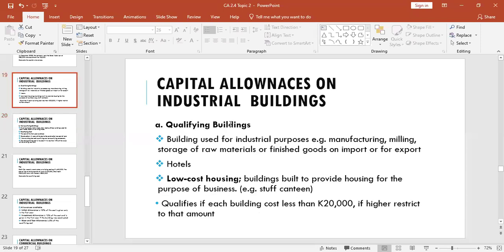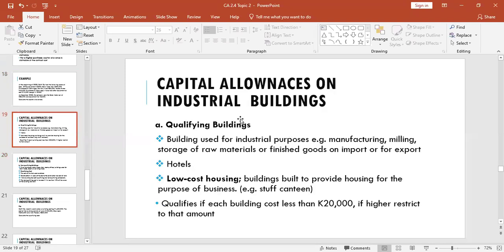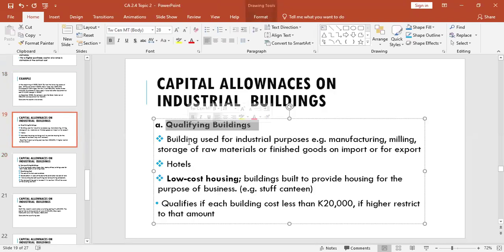So we're looking at the capital allowances. We talked about the qualifying buildings. These are buildings that are used for industrial purposes: manufacturing, milling, storage of raw materials or finished goods on import or for export. Then we've got hotels. Then we've got low-cost housing, buildings built to provide housing for the purpose of the business, for example, a staff canteen.